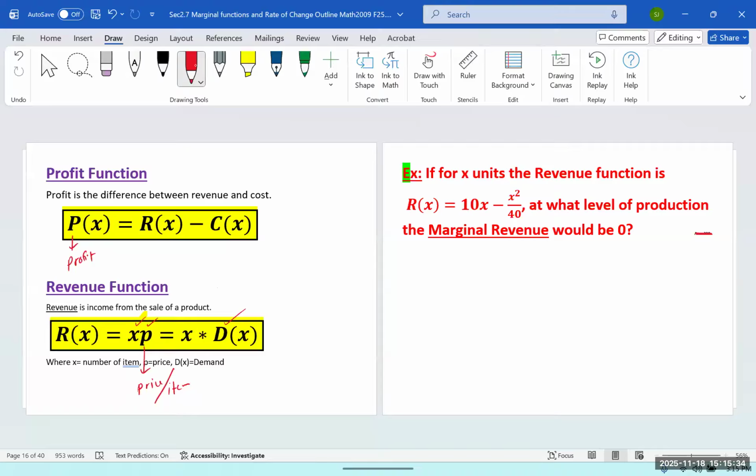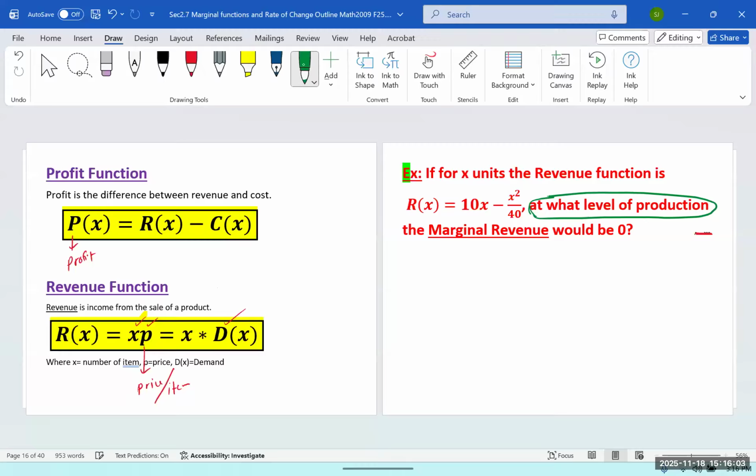So what type of question they ask about the revenue and profit? For X units, the revenue function is given by this, at what level of production the marginal revenue would be 0? So they give us revenue function. It's clear, right? Revenue function. What does this mean? At what level of production?